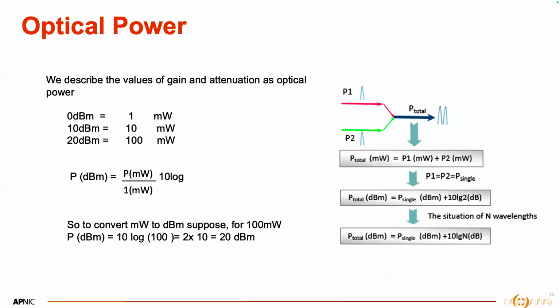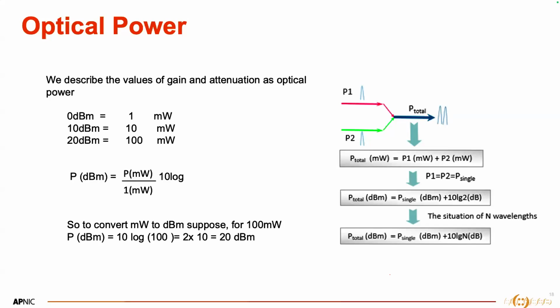So in this example, the total power in dBm will be the single lambda power, that is the power of P1 or P2, plus 10 base log n, where n is the number of wavelengths. Here we have two wavelengths, P1 and P2, so it will be 10 log 2 dB. This is the relation between the total power and the power of a separate lambda in a system.